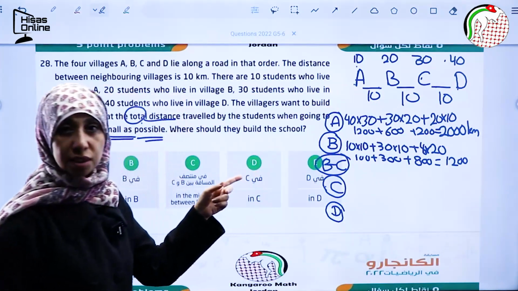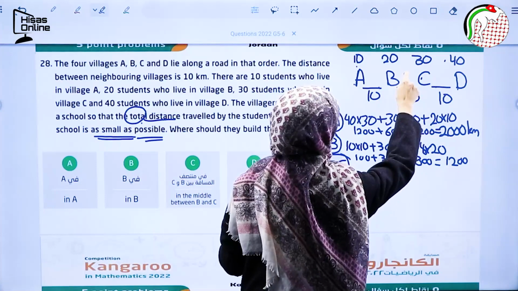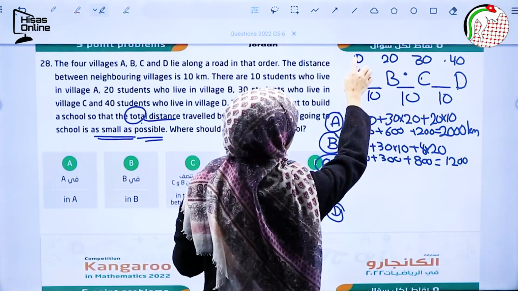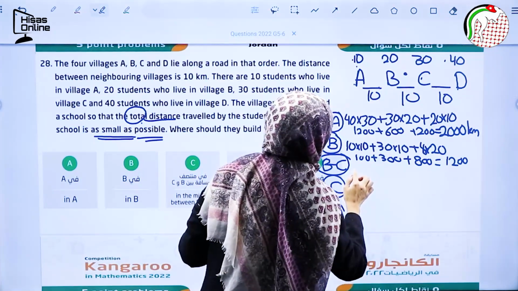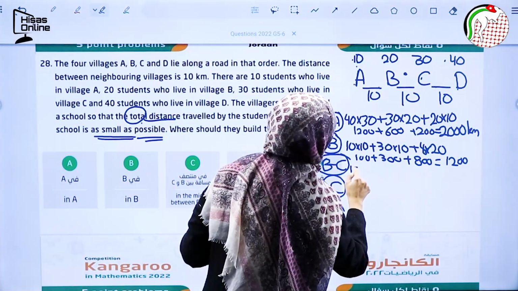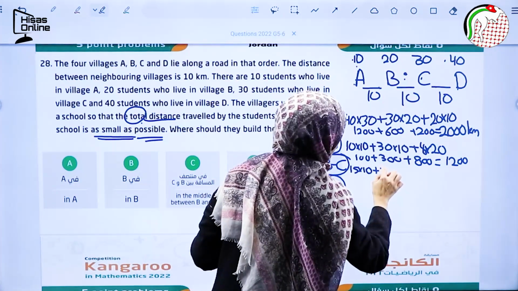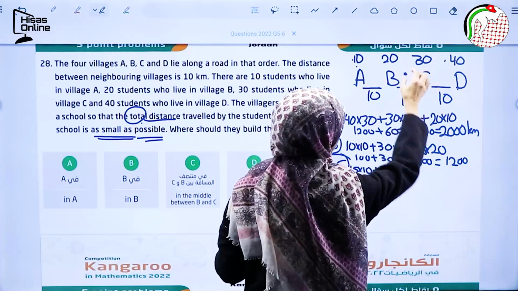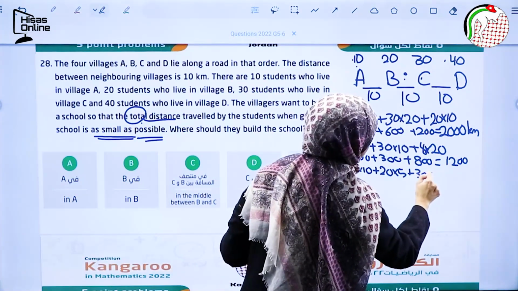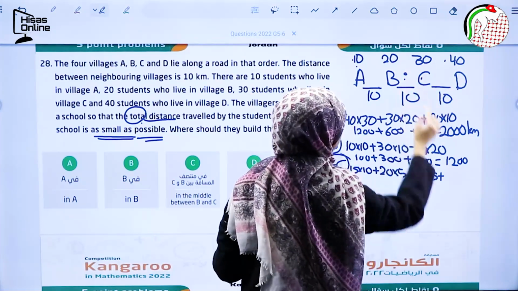Now in the middle between B and C, which is here, that makes 10 students will move here. 10 plus 5, that makes 15. So 15 times 10 plus 20 times 5 plus 30 times 5 plus 40 times 15.